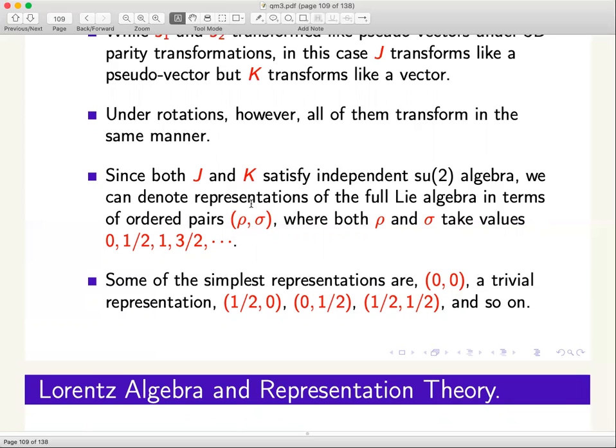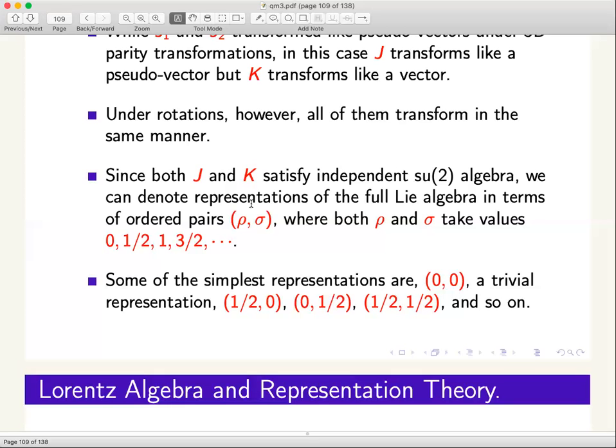All I'm trying to say is that we are looking at an algebra of 6 generators, but these 6 generators have a property that 3 generators transform into each other, 3 other generators transform into each other, and these 2 sets of 3 generators don't talk to each other. Both these sets transform like an SU(2) algebra, and therefore SU(2) representation theory is a full representation theory with respect to every set.